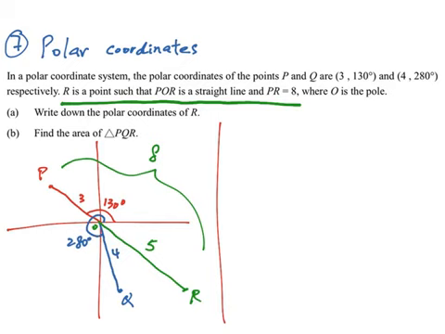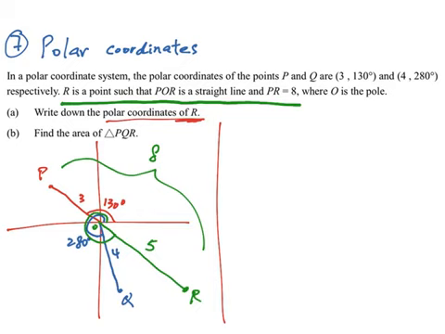For part A, we need to find the polar coordinate of R. So we need to find the angle of this one.